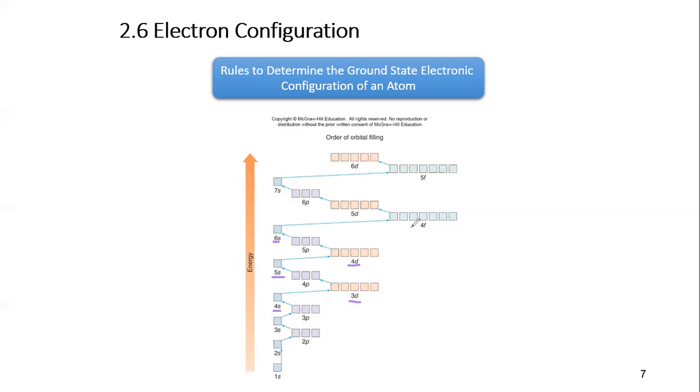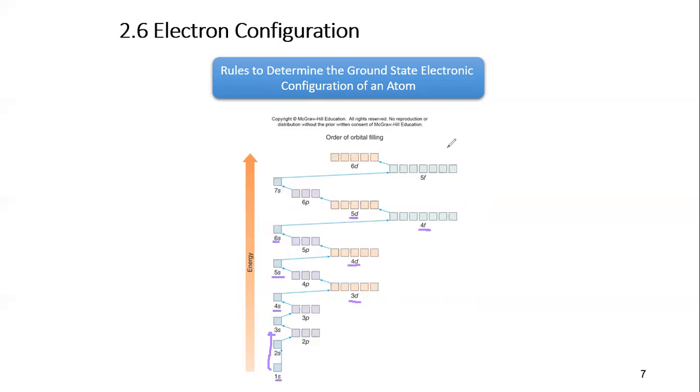After 6s, we introduce the 4f orbital, then the 5d. Again, once we look at a periodic table, I'll show you all the tricks in knowing how to fill electron configuration. But you always start with the 1s and you work your way up. As you have more electrons, you put them in more orbitals and you work your way up to the higher orbitals.